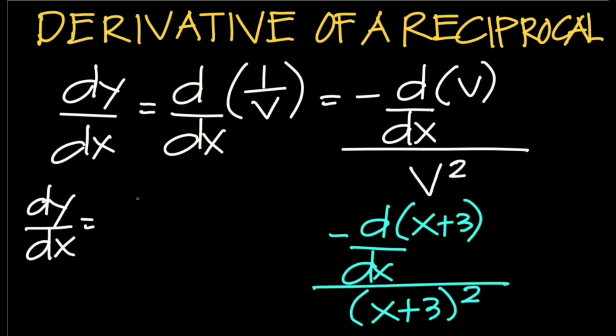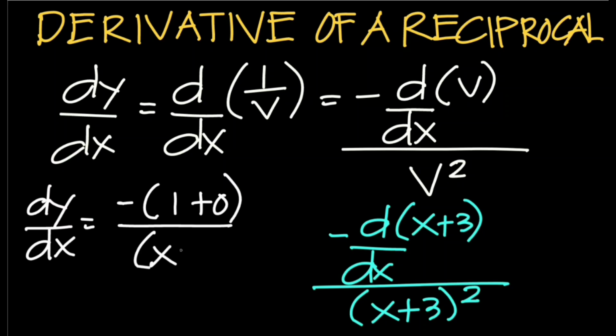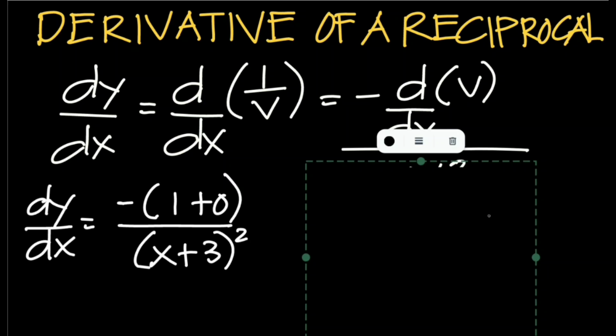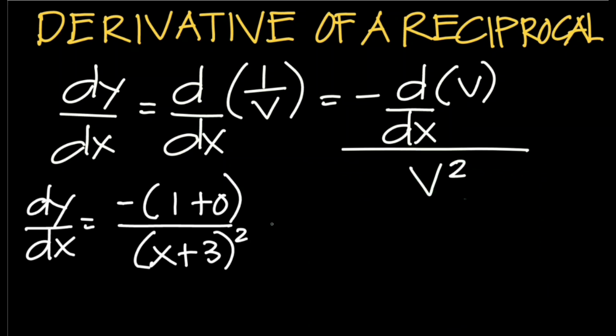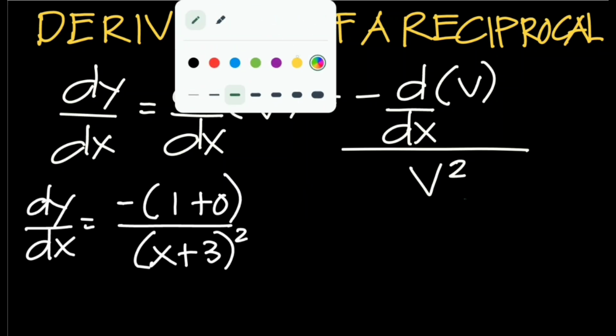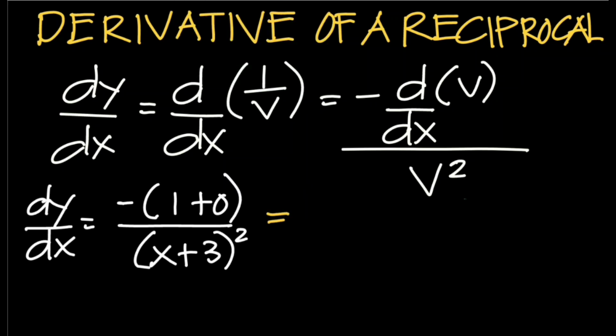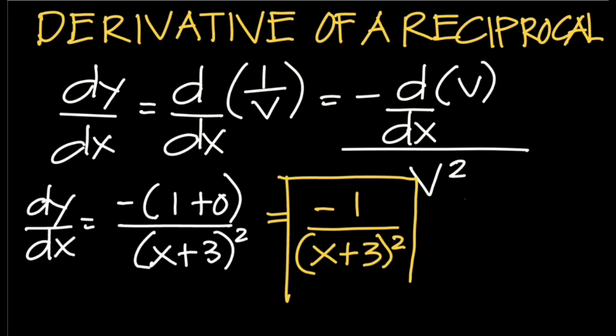So the derivative of x is 1, plus the derivative of 3 is 0, over x plus 3 squared. Therefore, the derivative of the function 1 over x plus 3 is just equal to negative 1 over x plus 3 squared. So this is our final answer.